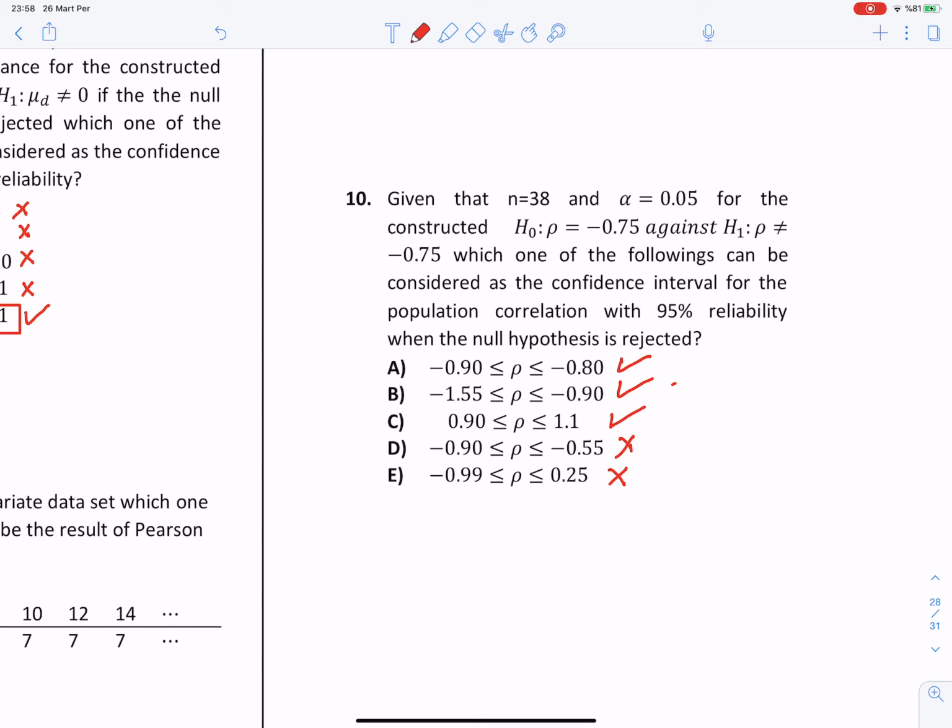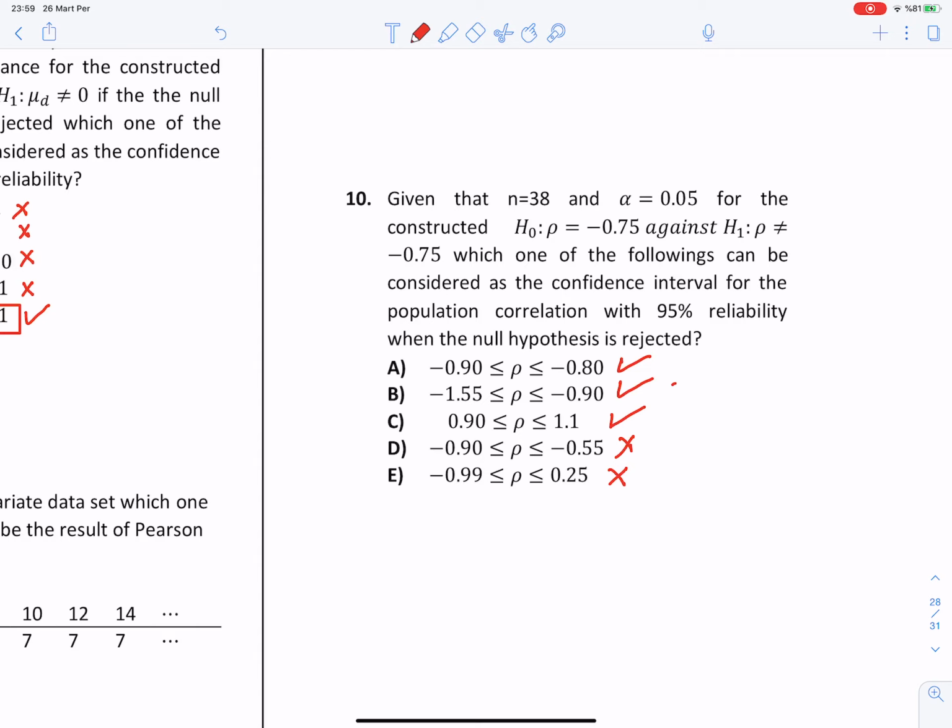So options D and E are eliminated directly because the correlation coefficient minus 0.75 is included in both options. Okay, we need to eliminate two of them, A, B, C. From A, B, and C, one is correct.